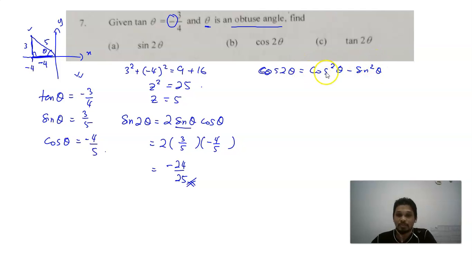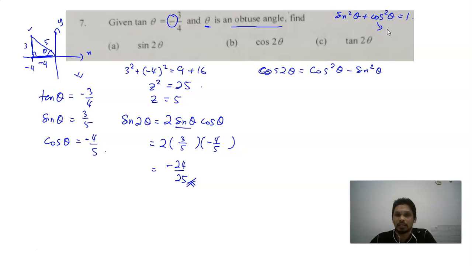To expand this and come up with the other 2 formulas, we use the identity sine square theta plus cos square theta equals 1.